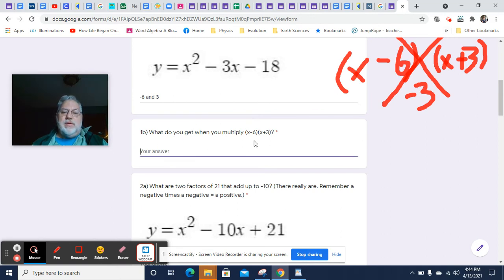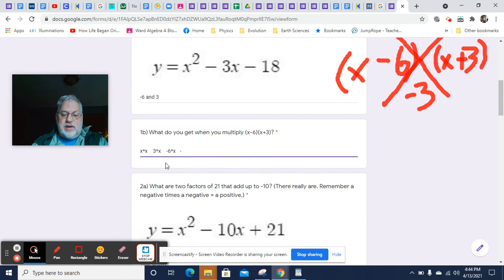What do you get when you multiply x minus 6 times x plus 3? Well, you might be thinking, of course you get that. Well, let's prove it. So x minus 6 times x plus 3, we first have to do x times x, and then we'll do 3 times x, and then negative 6 times x, and then negative 6 times 3, which should be negative 18.